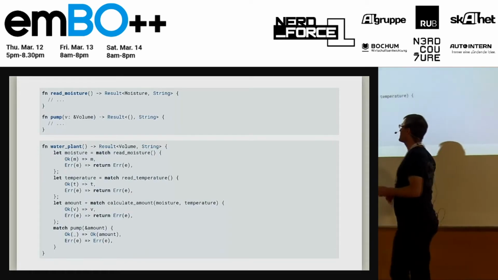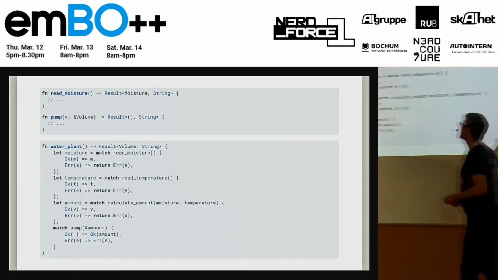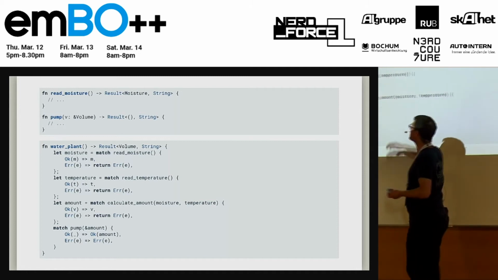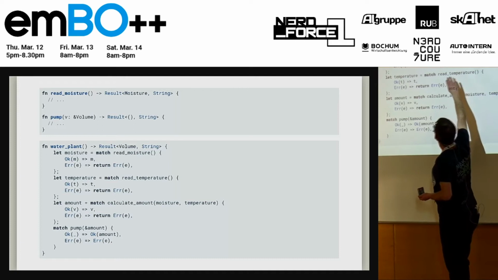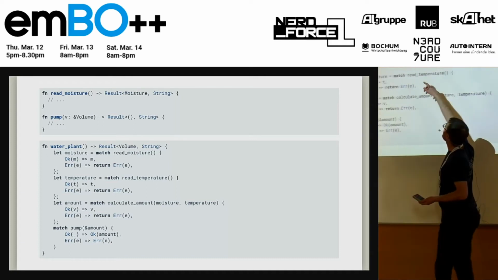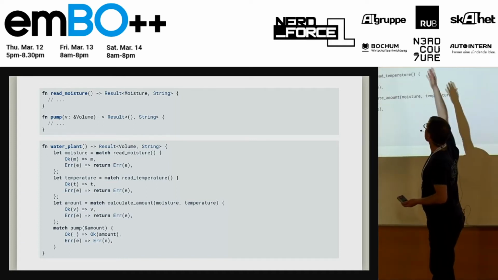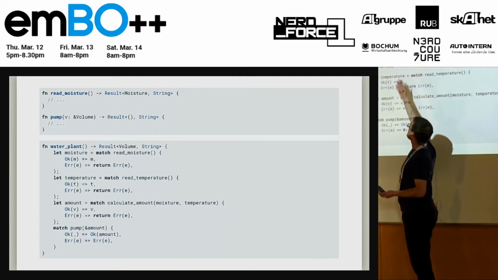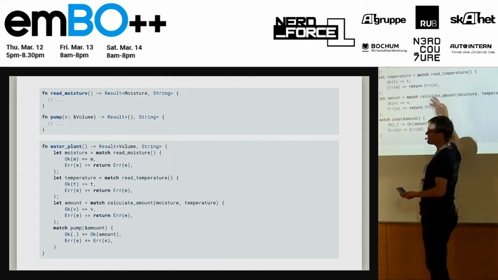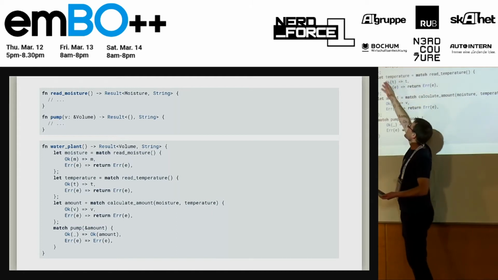And how does that look if I use that? So if I'm going to use it, I call my read moisture function, which will return me a Result of a Moisture or a String. So the error is just a string, and it will assign that result to moisture. Now the result can be either Ok or it can be an Err.